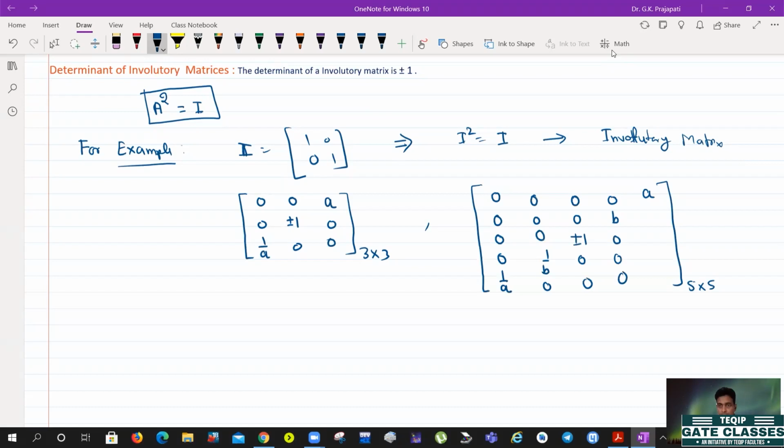Here all elements are 0. Then this is also an example of involutory matrices.